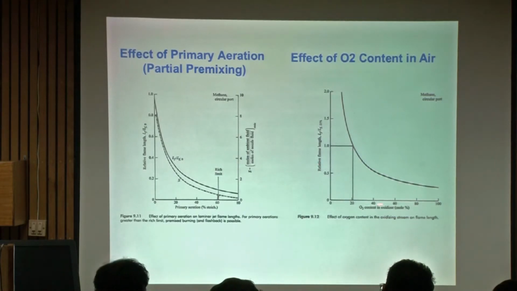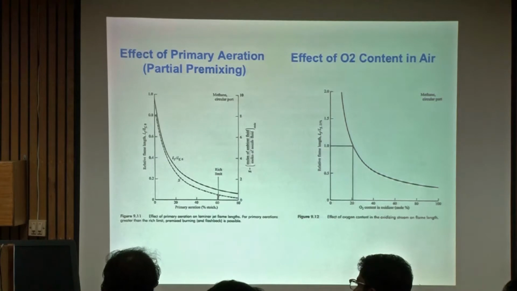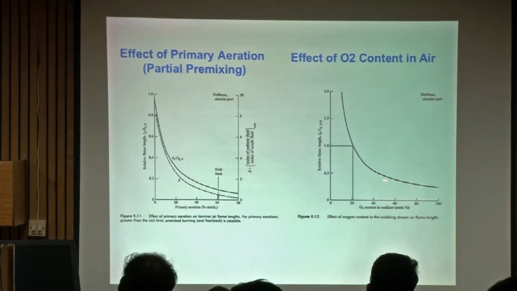And this graph shows changing the amount of oxygen in air. So, if you add more oxygen or you have less nitrogen, then also you can decrease the flame length. So, oxygenated flames will have shorter flame length.